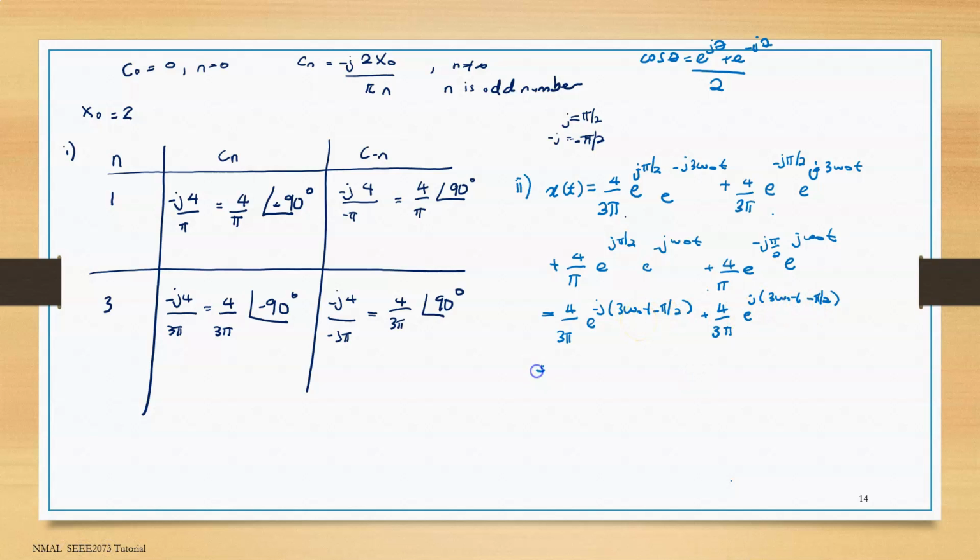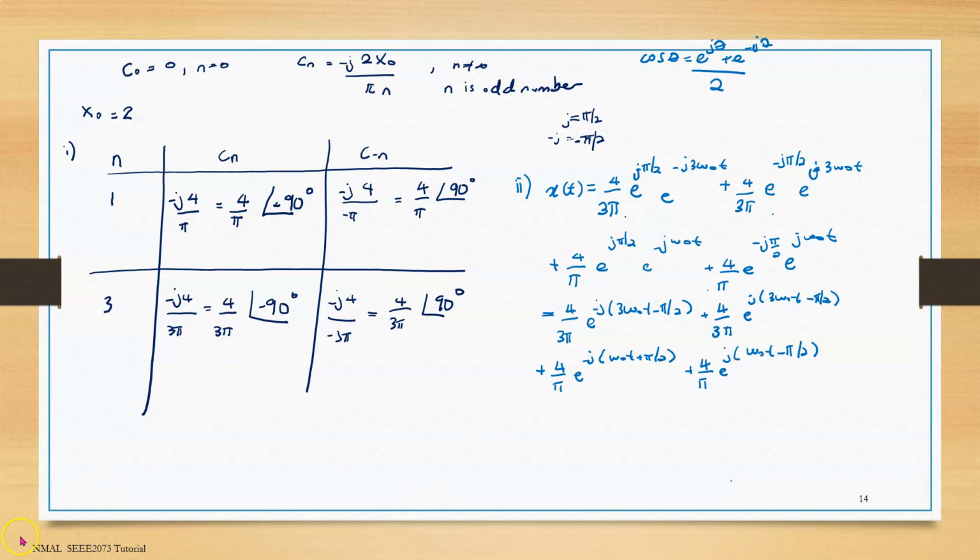Okay, and then plus 4 over pi exponent, take out the negative j, become omega naught t plus pi over 2, 4 over pi exponent j omega naught t minus pi over 2. Okay, so from here you can match the cosine equation.